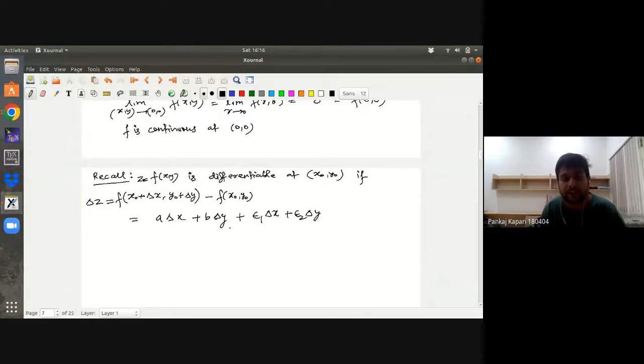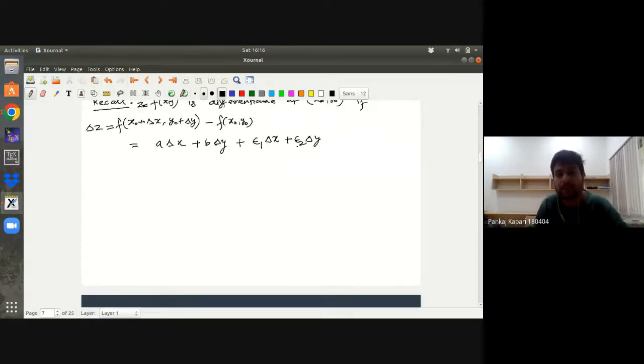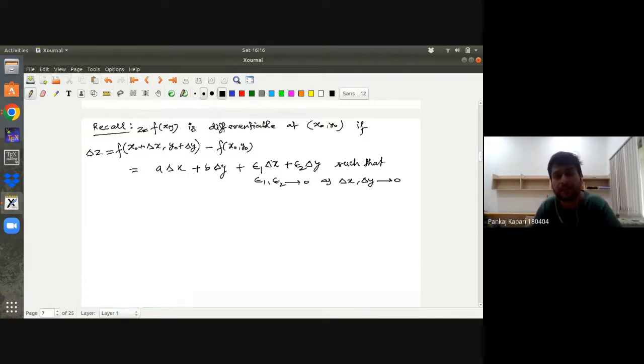Here this a and b are constants, they are independent of delta x and delta y, but epsilon 1 and epsilon 2 are functions of delta x and delta y. So if we can write this increment delta z in this particular form, where epsilon 1 and epsilon 2 both approach 0 as your small increments delta x and delta y approach 0, then we say that the function is differentiable at that particular point x naught comma y naught.